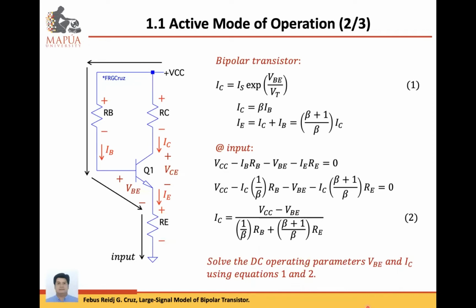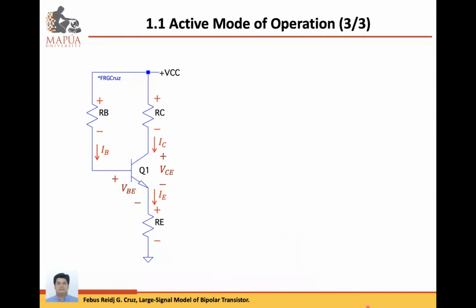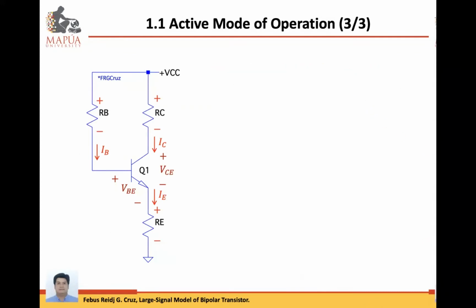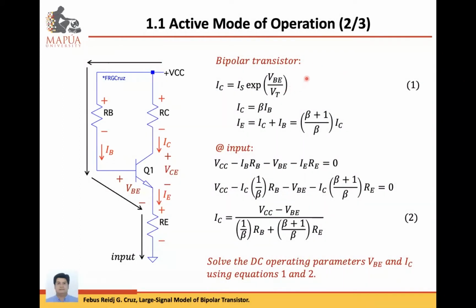Then another way of doing the active mode of operation is if we include the early effect. So itong nauna, this is ignoring or neglecting the early effect. Alright? So wala yung VCE na component.